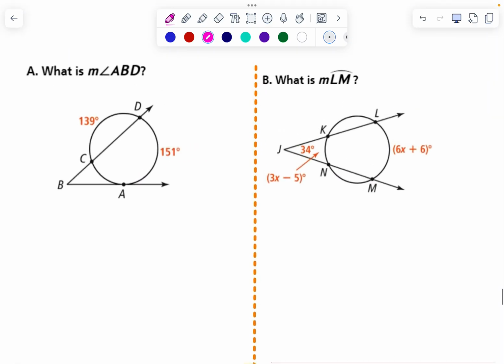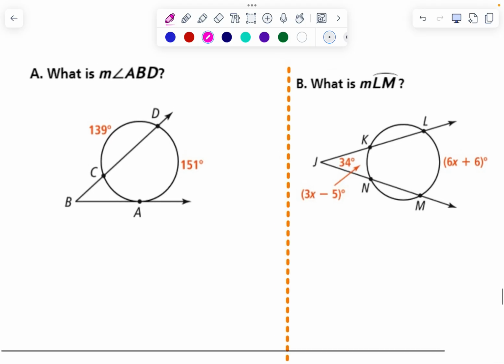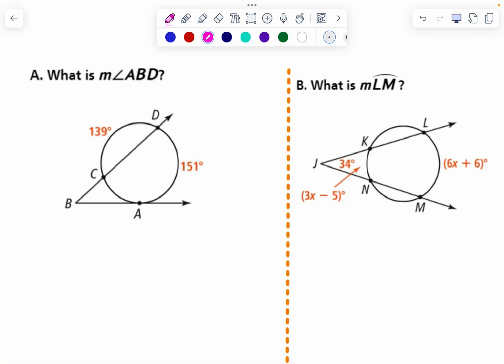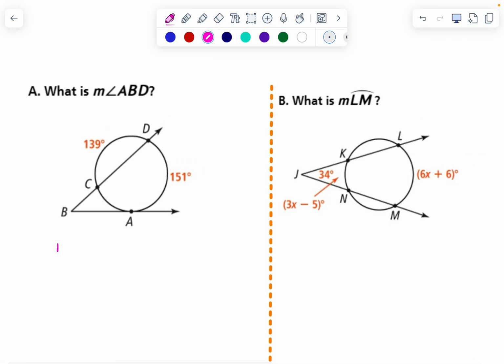All right. What are these two lines called on this left page? Left problem. What are the two lines? Secant tangent. Yep. Does it matter? No. So this is an exterior angle. So what's the equation?